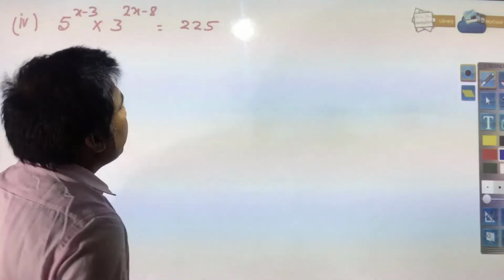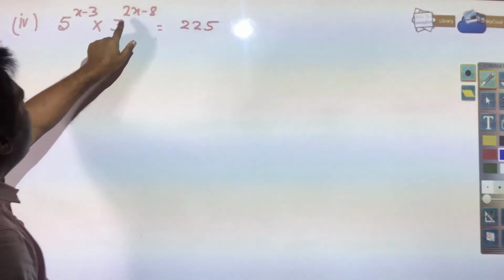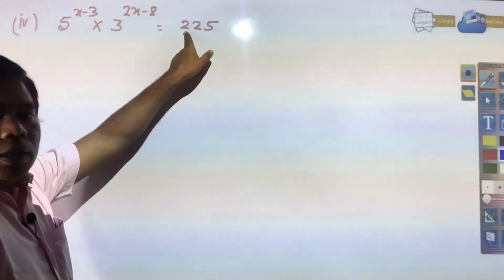Next, you see, 5 to the power x minus 3 into 3 to the power 2x minus 8 is equal to 225.